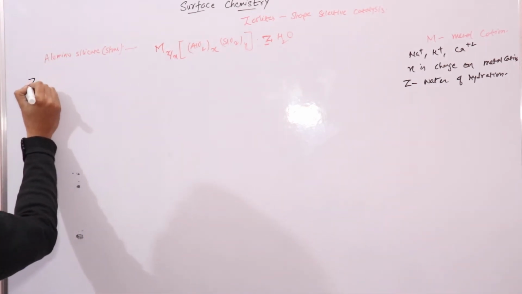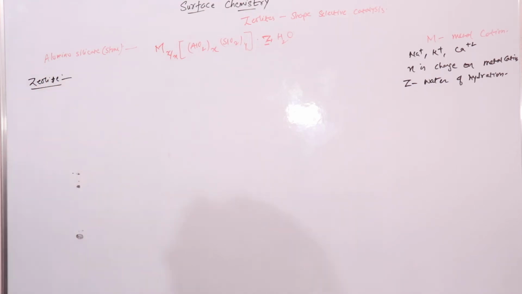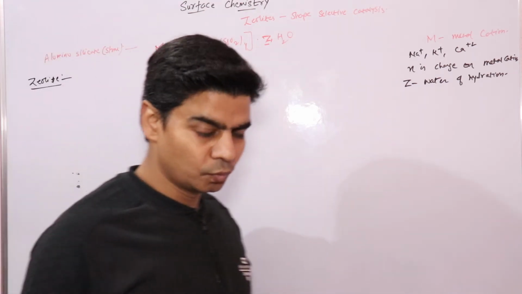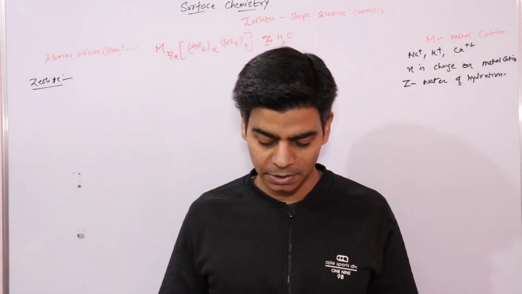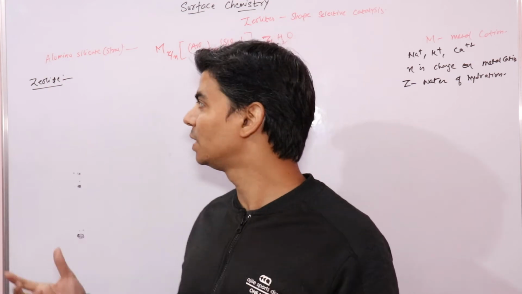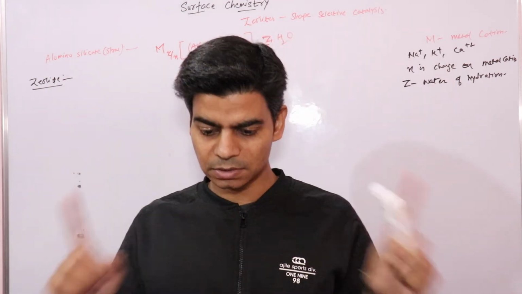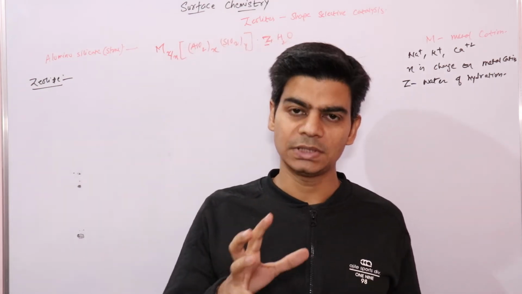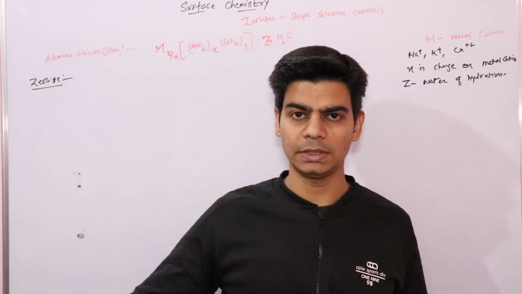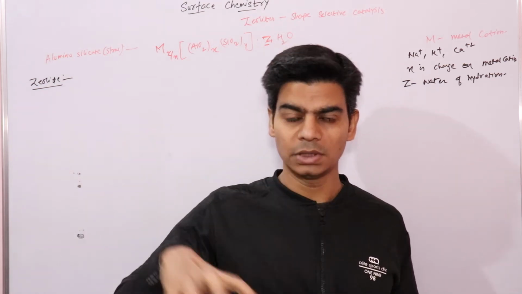So first we'll understand what the word zeolite means. The word zeolite literally means boiling stone in the Greek language. So why do we call it a boiling stone? Let's see. This zeolite has a microporous structure, which has small pores or cavities on its structure.